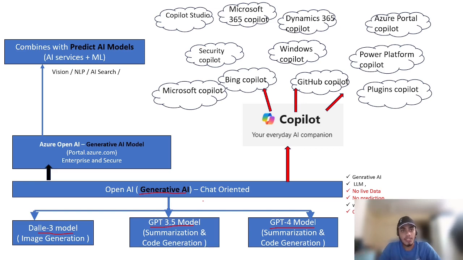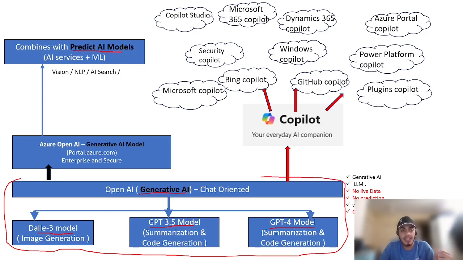The work of data prediction is concerned with the predictive AI models, namely Azure Vision, computer vision, Azure Language Service, natural language processing, Azure AI Search, and other machine learning models. If I'm not mistaken, Microsoft has close to around 49% share in the OpenAI organization, and because of that, it has partnered with OpenAI and presented all of these models that come under the generative AI outline in a very concise, packaged offering known as the Azure OpenAI offering.